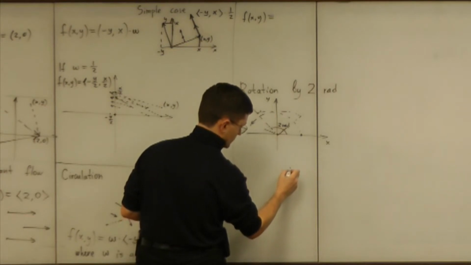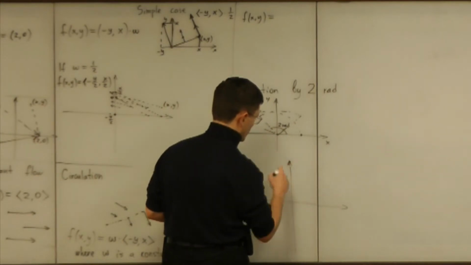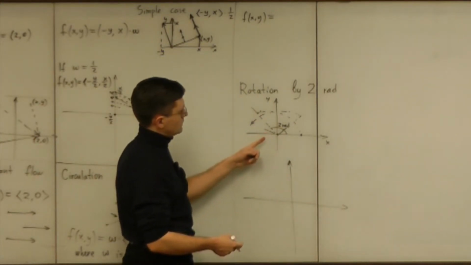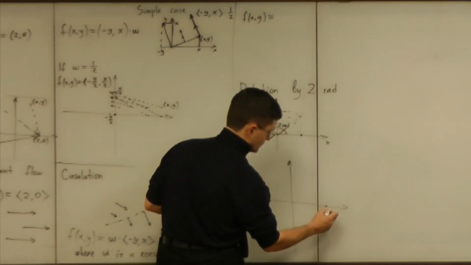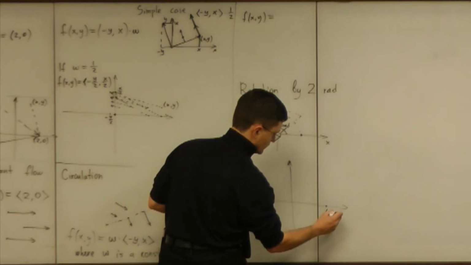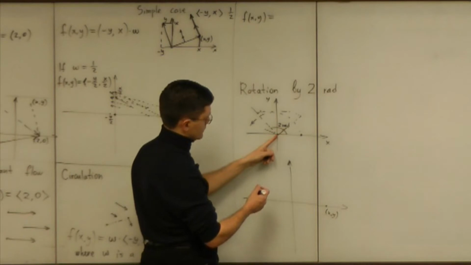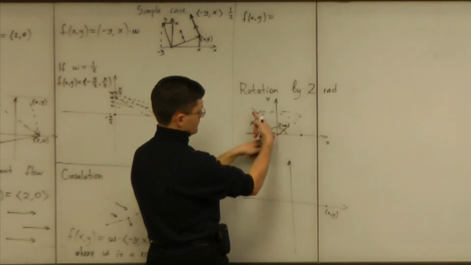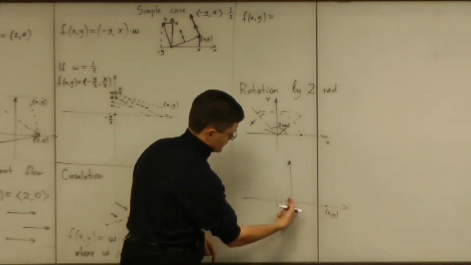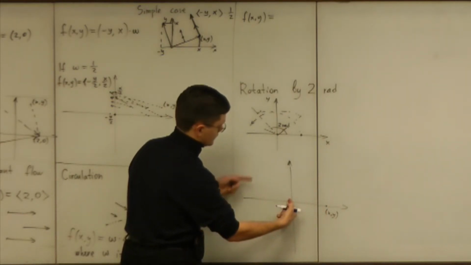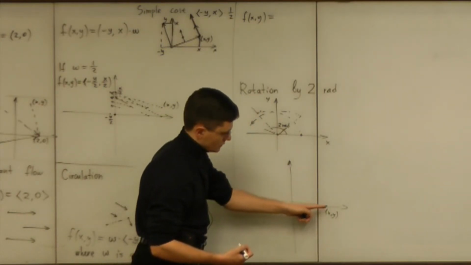So how would that look? What kind of flow should we expect if for any point x, y, we have to assign a vector by this rule? A vector has a 2 radians angle with the direction to this point. So the vector has that direction, and it has the same magnitude as the vector from the origin to that point.